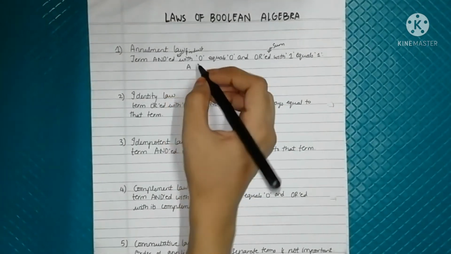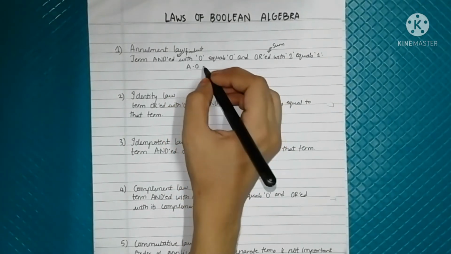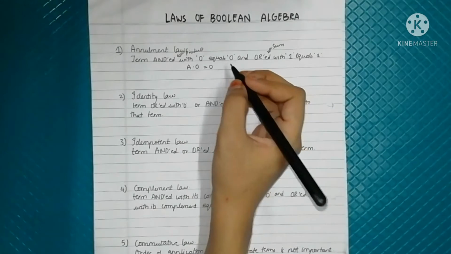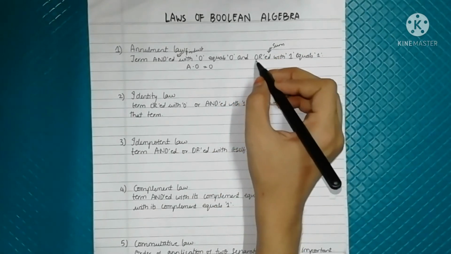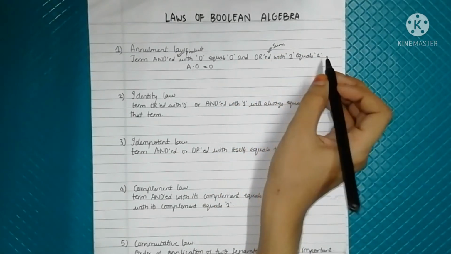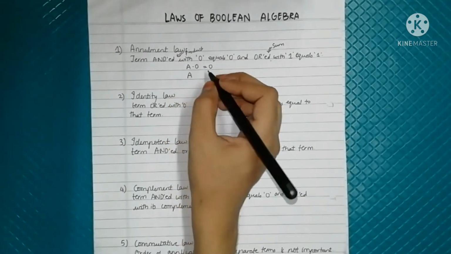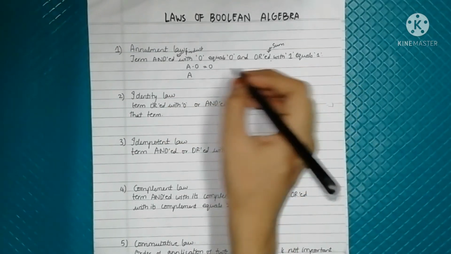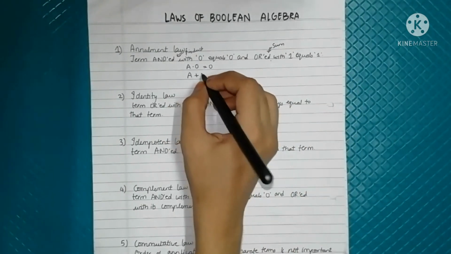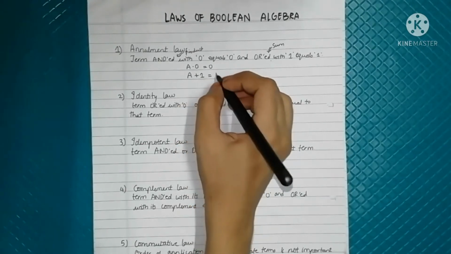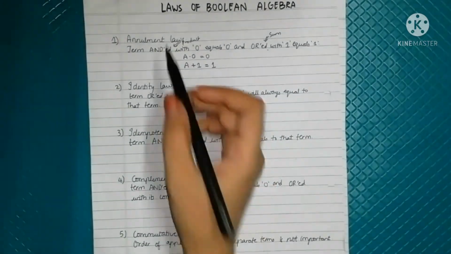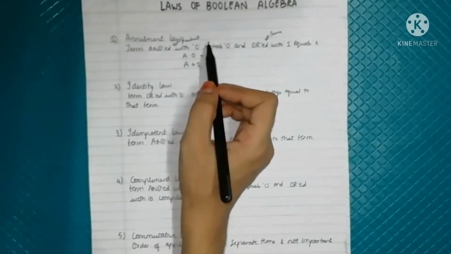Suppose I am having A and I am ANDing it with 0, then the result will be 0. And the next statement is the term ORed with 1 equals 1. So if I am ORing the term with 1, that means I am adding 1 to my term, then the result is going to be 1. This is the annulment law of Boolean algebra.